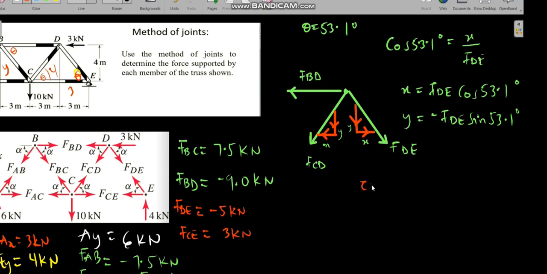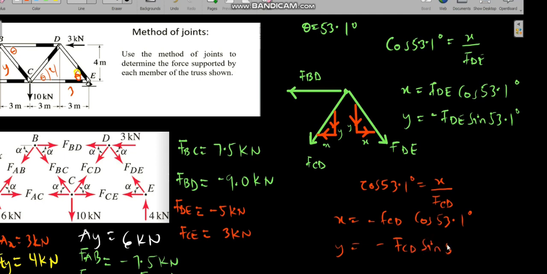The x component is FCD times cosine of 53.1 degrees. But in this case the x component is moving in the direction opposite to the positive x axis, so it becomes negative. The y part will also be negative FCD sine 53.1 degrees, since it is also moving in the direction opposite to the positive y axis.